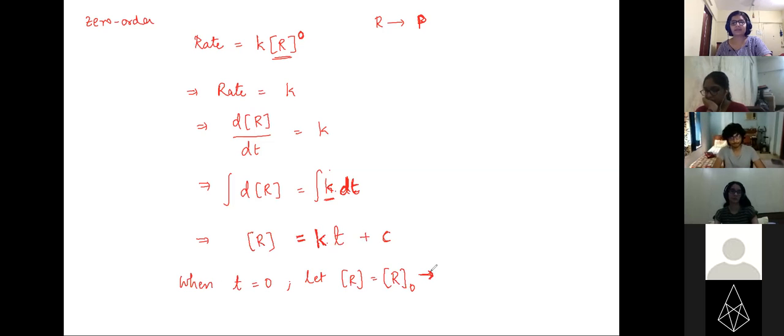Or we can take it as 1 if that's fine. Yes, you can take 1 because concentration of reactant कोई भी हो सकता है ना, so that is one thing that you're controlling. I can take 1.5 M of HCl also, or I can take 10 ml of 3M HCl also. कुछ भी हो सकता है. So we'll take maximum only then. Yeah, so let R equal to R naught, which is the initial concentration of the reactants.